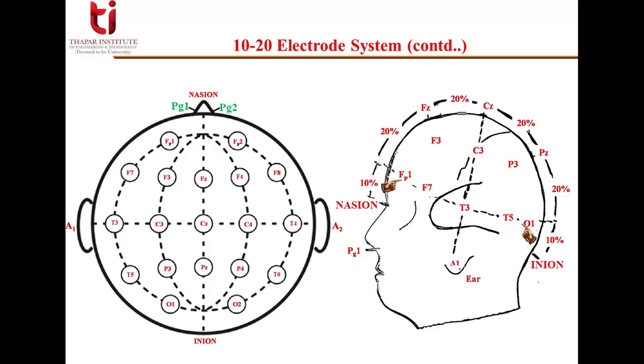The FP1, F7, T3, T5 and O1 electrodes are placed at intervals of 5%, 10%, 10%, 10%, 10% and 5% respectively, measured above the left ear from front, that is FP1, and back, that is O1. The same procedure can be done for even-numbered electrodes on the right side to complete the full circumference.